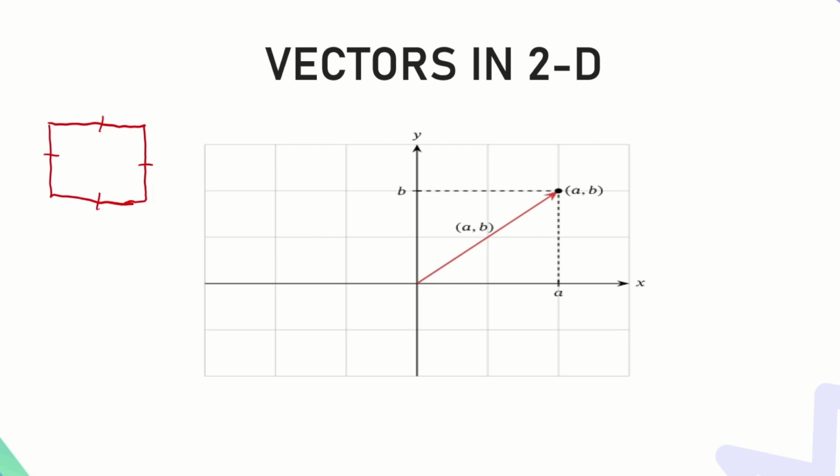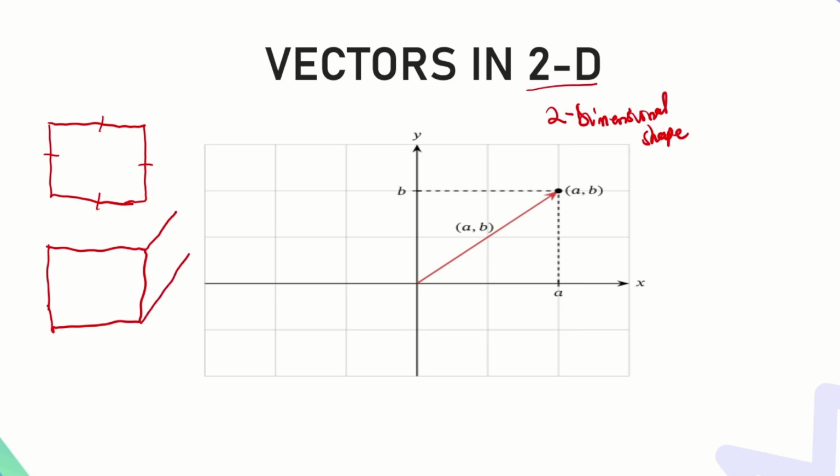A two-dimensional shape, or 2D, represents something that is in a flat form, unlike a three-dimensional shape, which has a form that you can probably touch and feel.